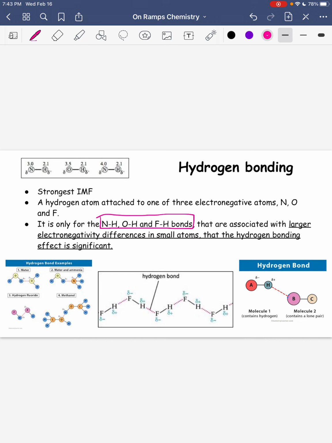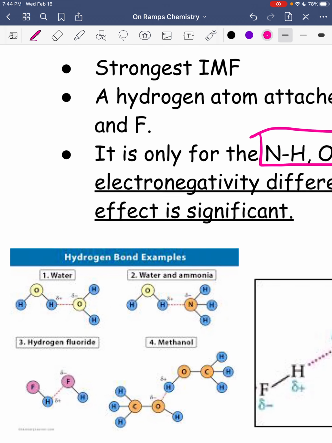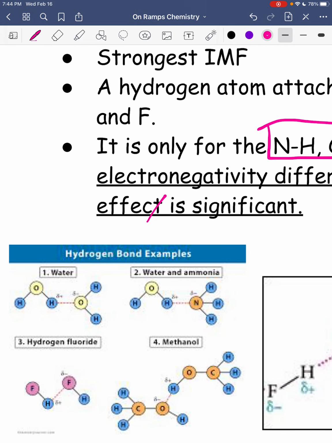But with hydrogen bonding, the molecule that contains hydrogen, so we're looking down here right now, will form a hydrogen bond with the molecule that has a lone pair. So if we look over here, water has hydrogen bonding. The hydrogen will bond to the oxygen, which has a lone pair, forming a hydrogen bond.